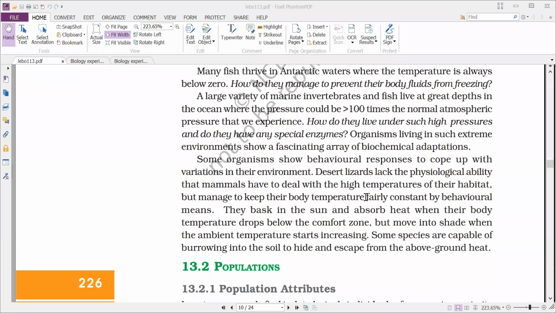And when the temperature of the body of that lizard is reduced, it will move and bask, be exposed to the sunlight and get heated up, thus maintaining the temperature, because they don't have the mechanism to maintain uniform temperature. Some species are capable of burrowing into the soil to hide and escape from the above ground heat.